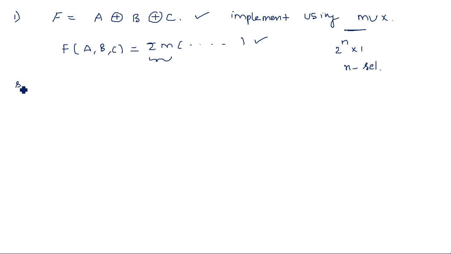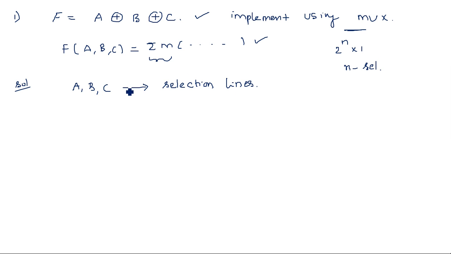So for such types of questions, you have to take a, b, c as the selection lines. When implementing using a multiplexer, you must consider the expression as a combination of selection lines.